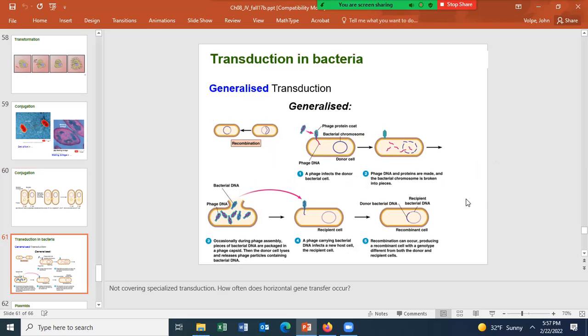The third way that horizontal gene transfer can happen uses a virus in a process that we're going to call transduction.